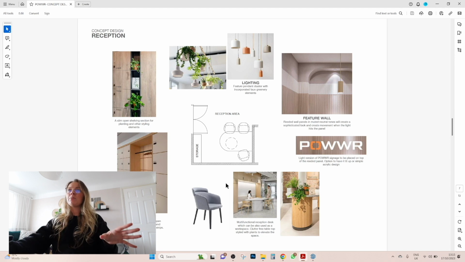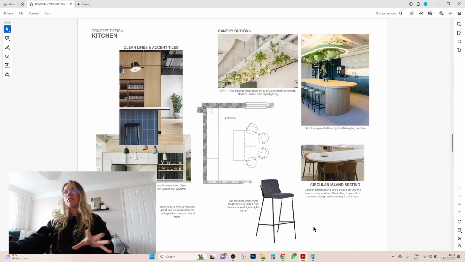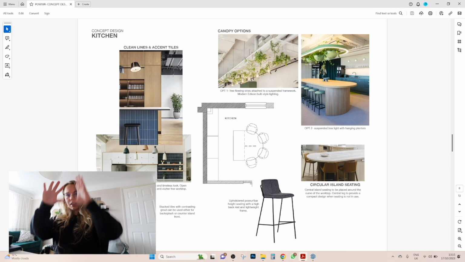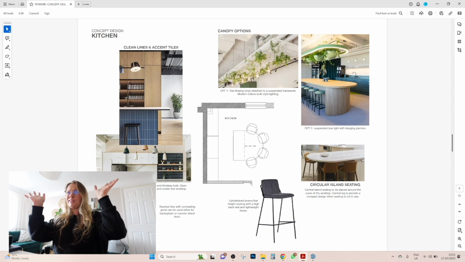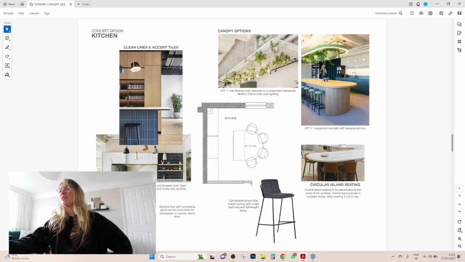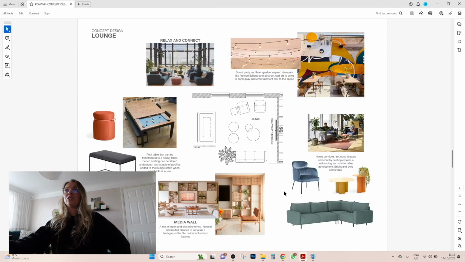So I had the reception, a nice neutral palette, very warm, welcoming and modern. Then we have the little kitchenette area, where I talked about some details of the color scheme and finishes, a few options for the feature ceiling, and a bit more about the island.